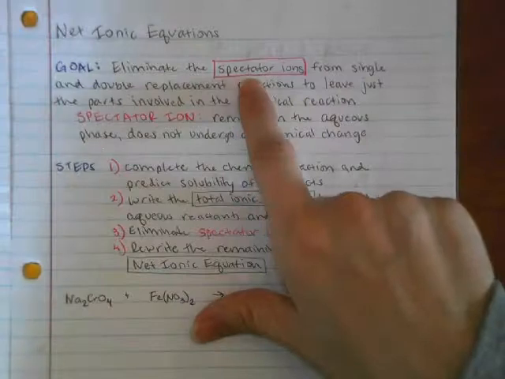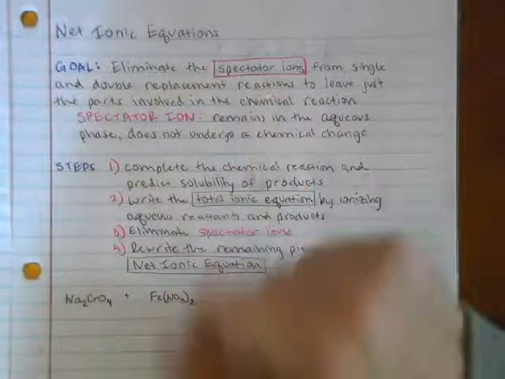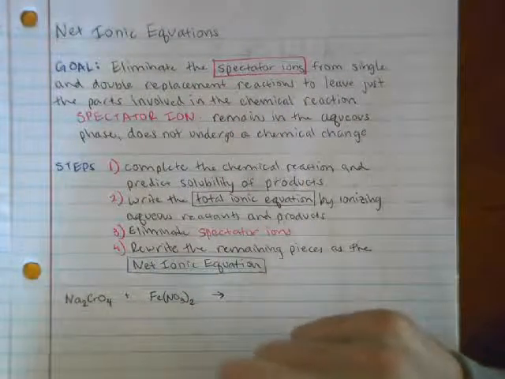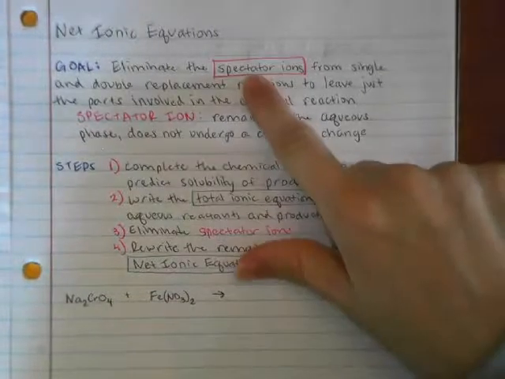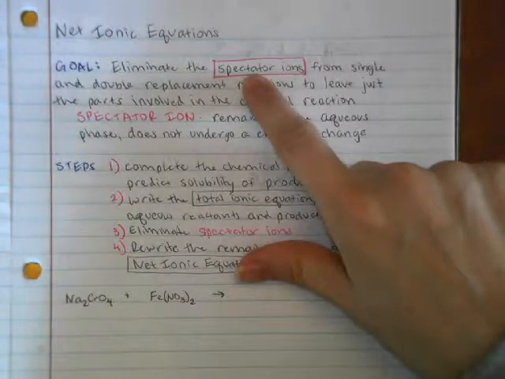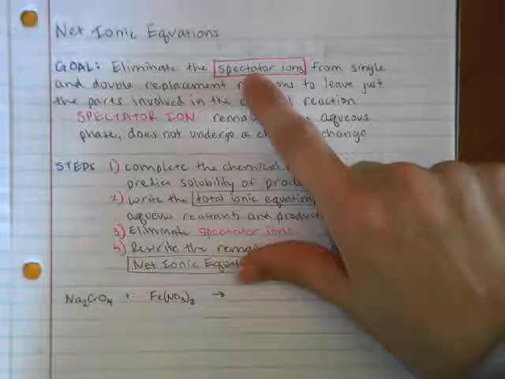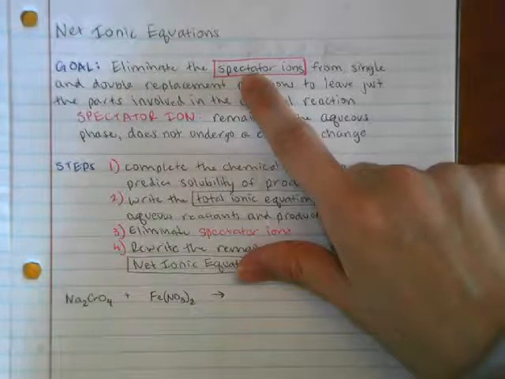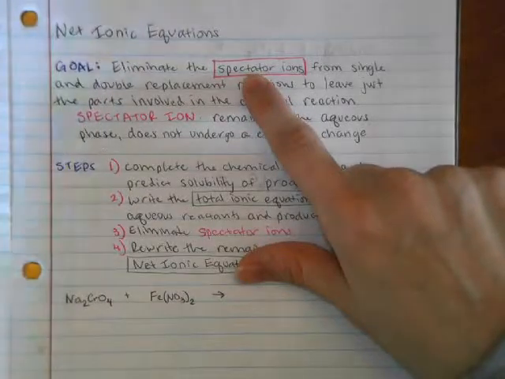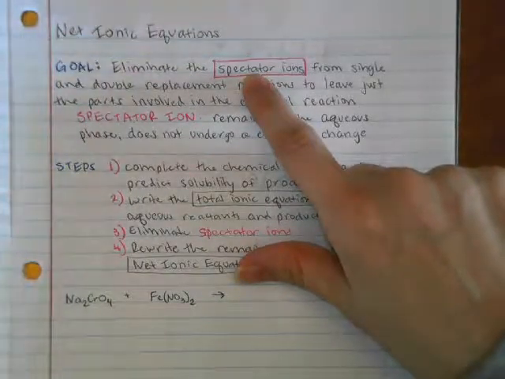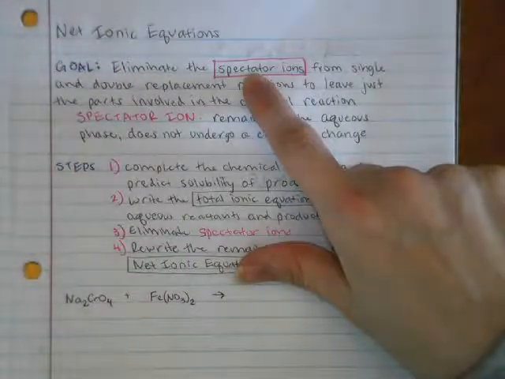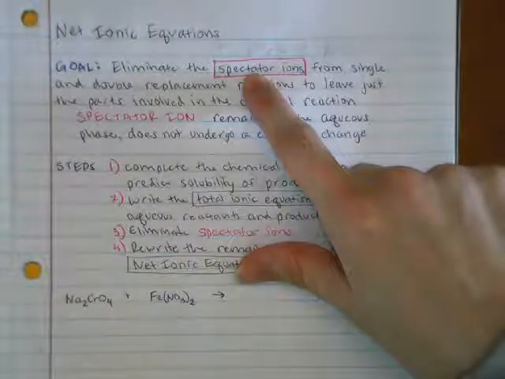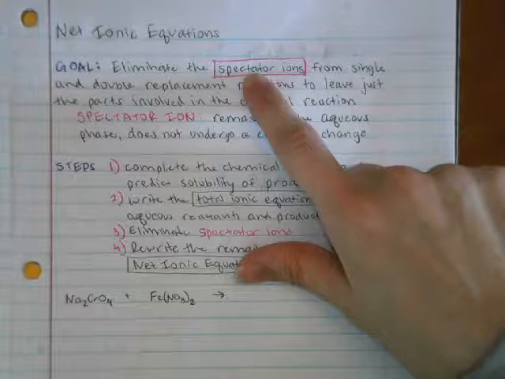So our goal is to eliminate what are called the spectator ions from single and double replacement reactions, so leave just the parts involved in the chemical reaction. Now when you think of a spectator, you are probably imagining someone watching a sporting event, which none of us are doing right now because, well, obvious current events. And I like to think of them as people who, no matter how much they shout at the ref, don't affect the outcome of the game.